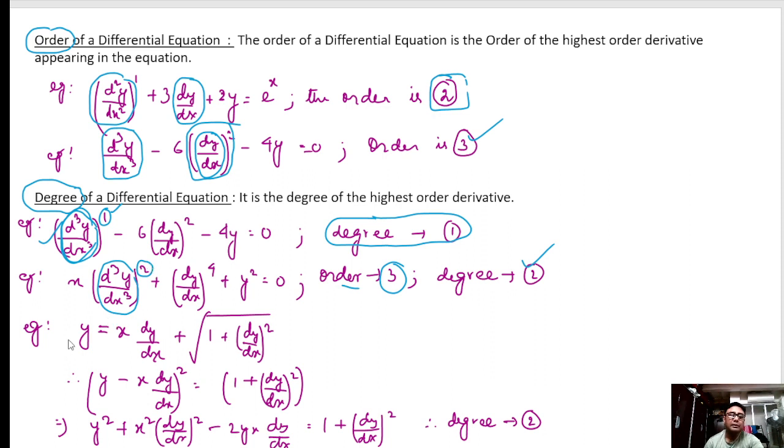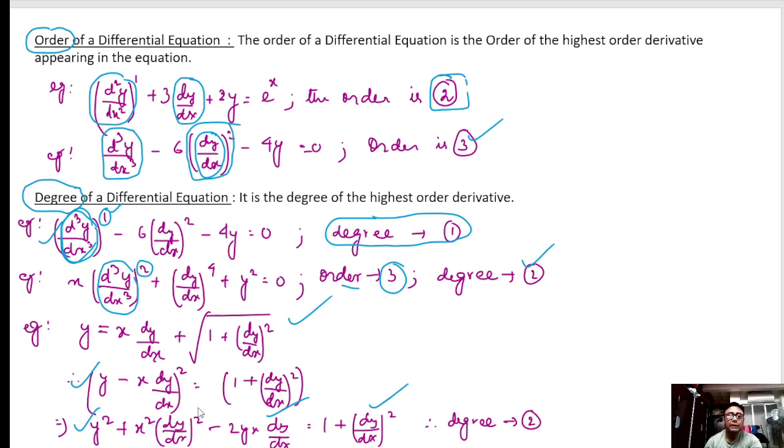Here we have to find the order or the degree of the differential equation. So let's see how to do that. We have to make the equation proper in order to find the degree or the order. So separating this and now squaring both sides, we are getting this.